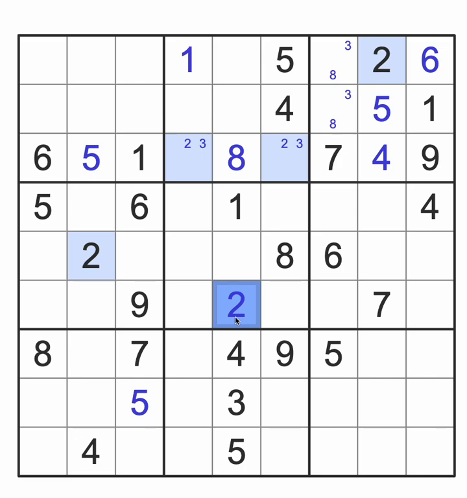That gives me 2 here. This 2 and this 2 block these. I have another 2 here which blocks this cell, gives me 2 here.